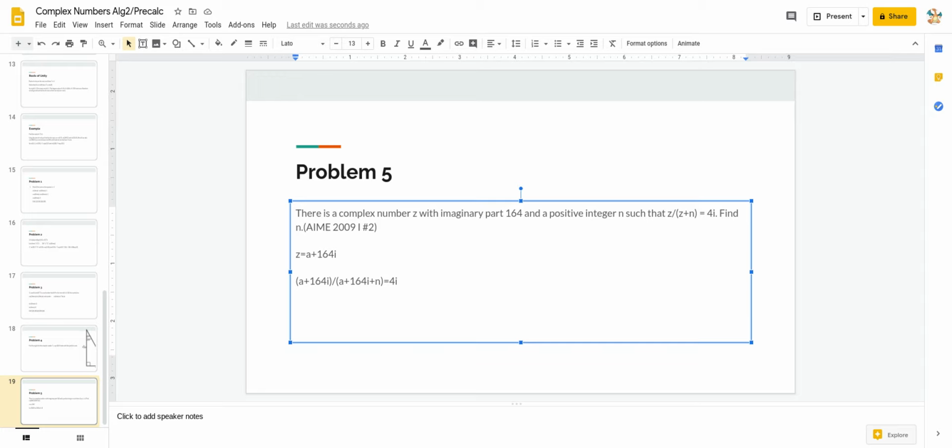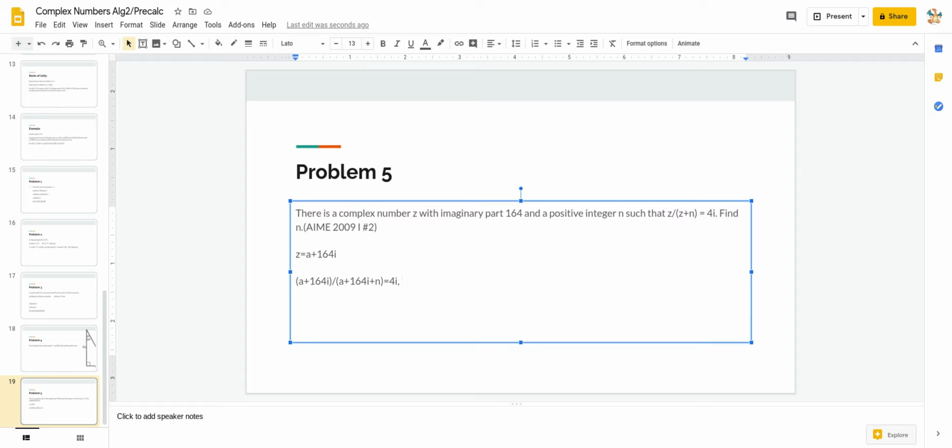Okay, good. So now we can cross multiply. The technique here is to group a and a plus n as one group, and the other group should be 164i. The reason you do this is because 164i times 4i is a real number.